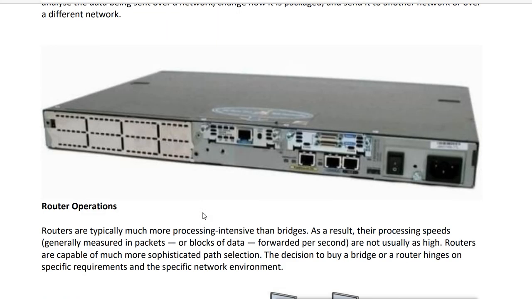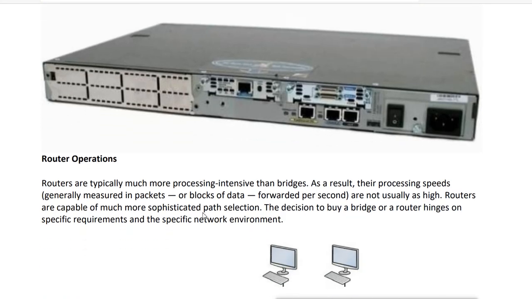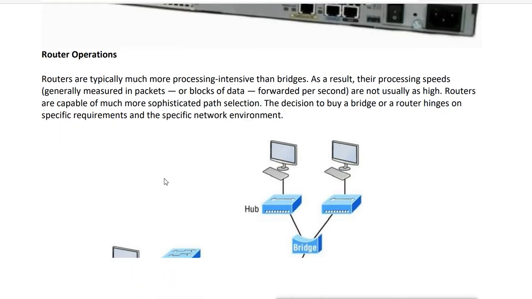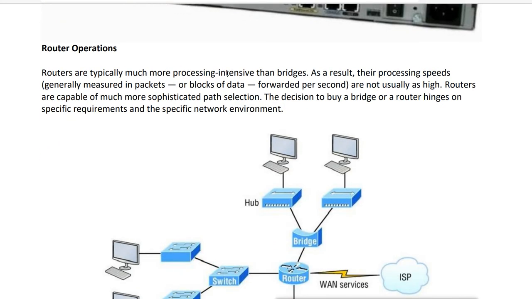Switches are used only to connect a single segment. So router operations are typically much more processing intensive than bridges, and as a result their processing speed, generally measured in packets or blocks of data forwarded per second, is not usually as high, because they have to do more things.